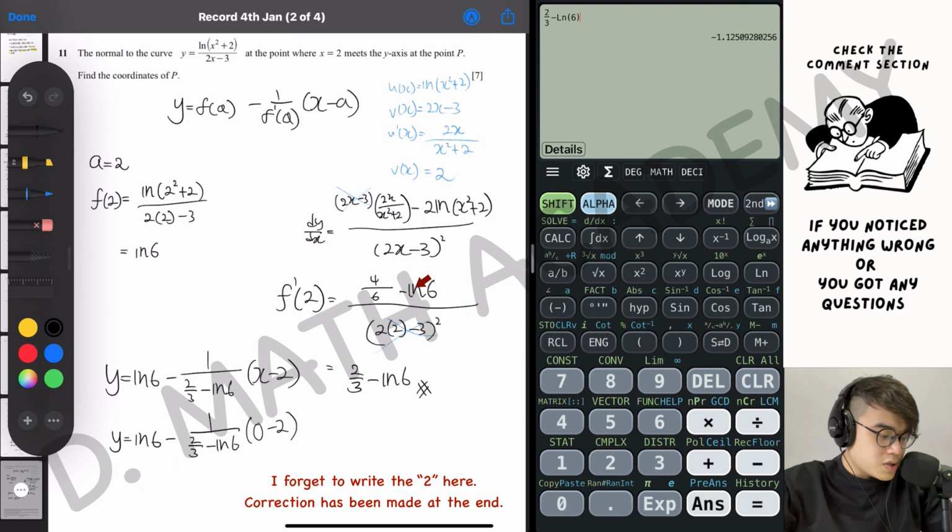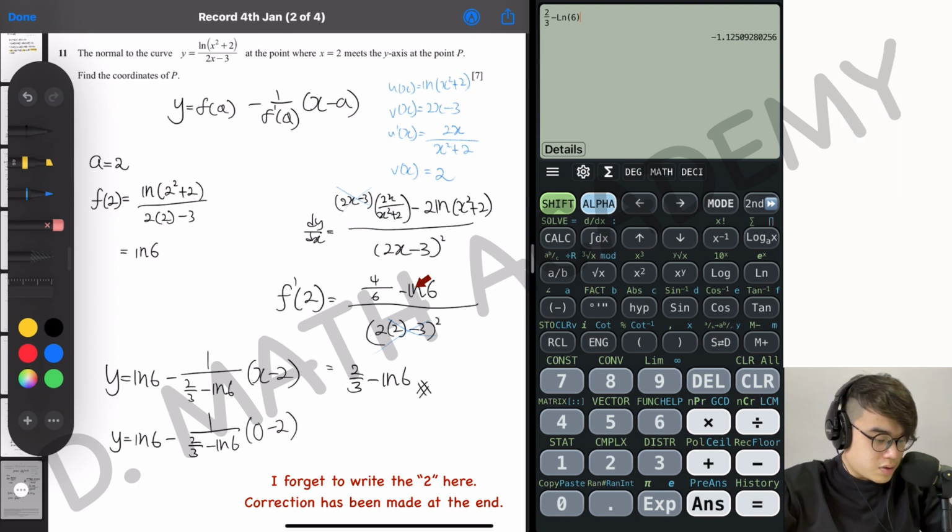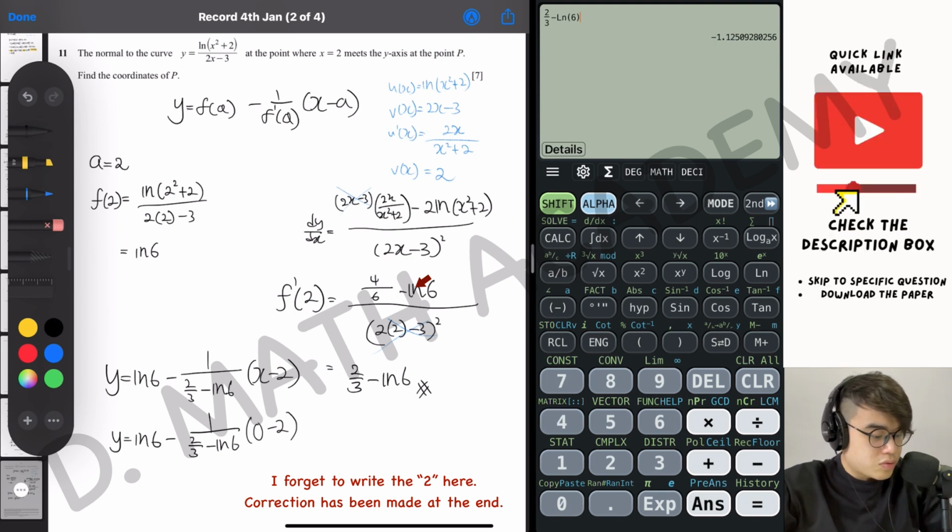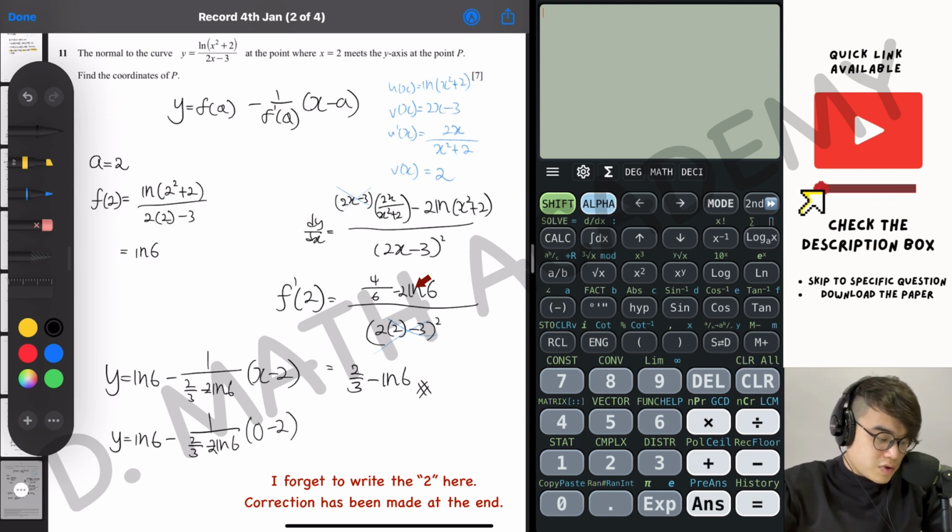So I noticed I wrote something wrong here. I overlooked the 2. So there should be a 2 on every single part here. With this correction, we should be able to get the results.